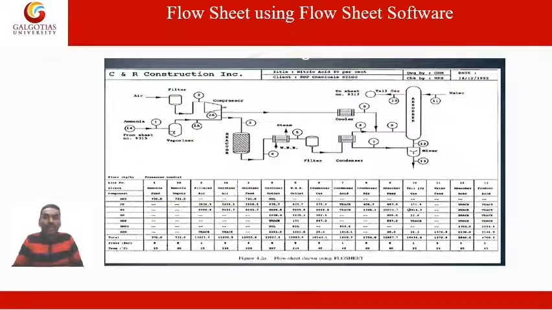Dear students, kindly see this flow sheet using the flow sheet software. Flow sheet is one of the software used to design chemical experiments, presentations, their structures and their process flow with the help of the state variables defined in the flow sheets.